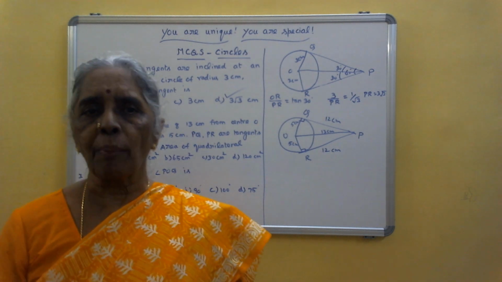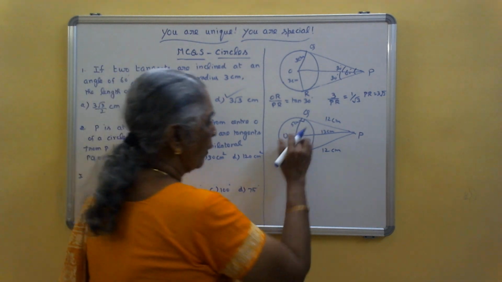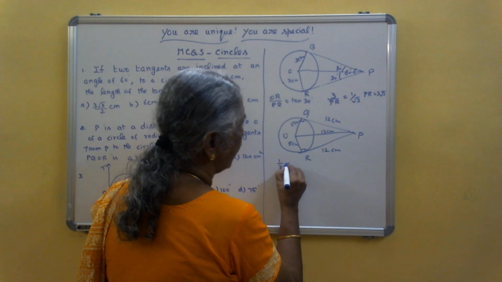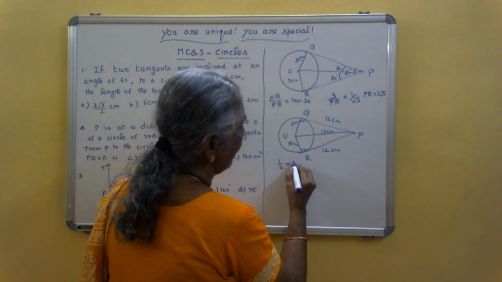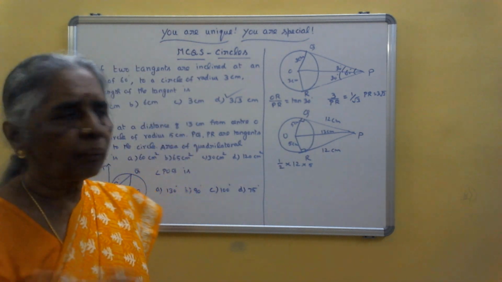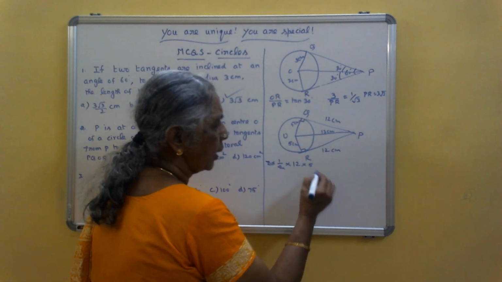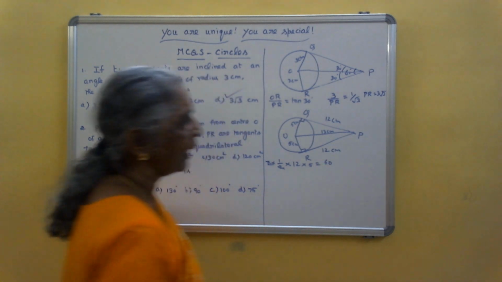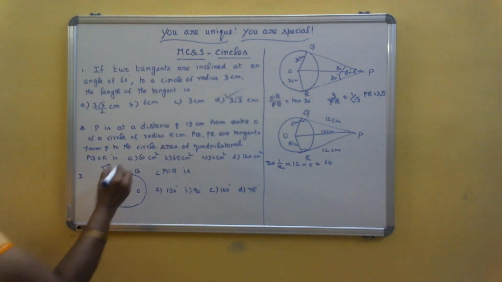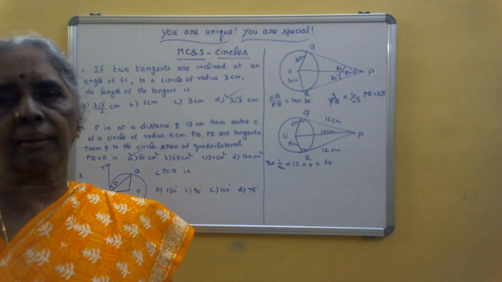Use the general formula half into base into altitude. So for one triangle that will be half into 12 into 5, and then into 2 for the two triangles. That 2 you cut, you will get 60. So now 60 centimeter squared is the area of the quadrilateral.